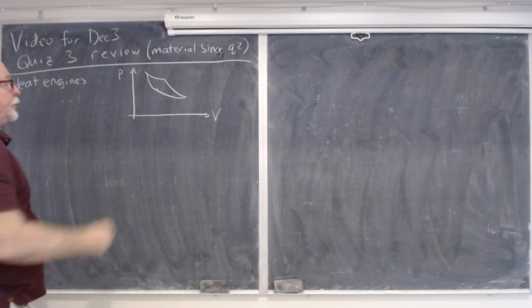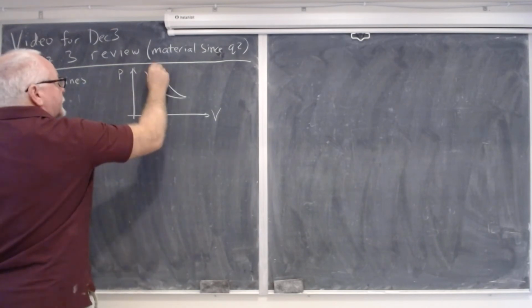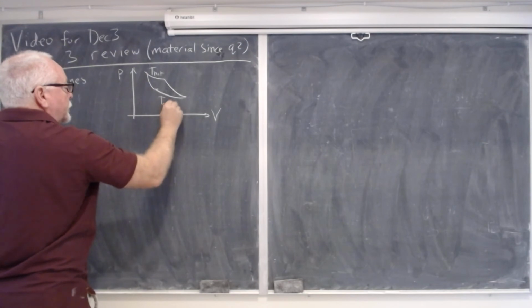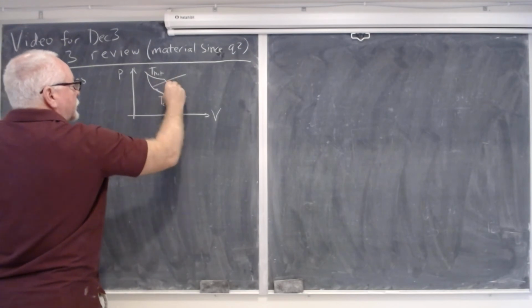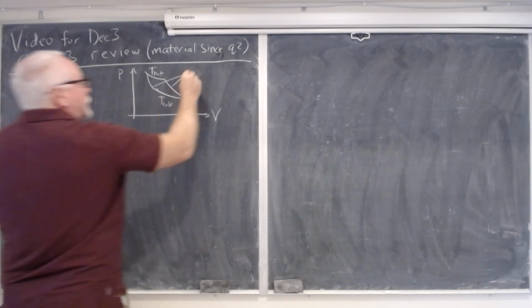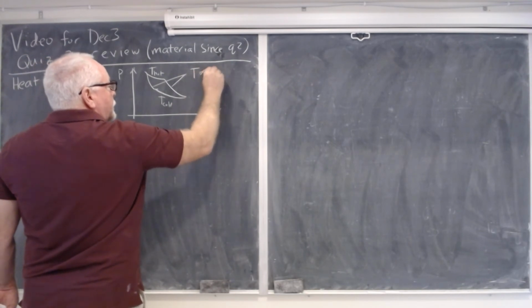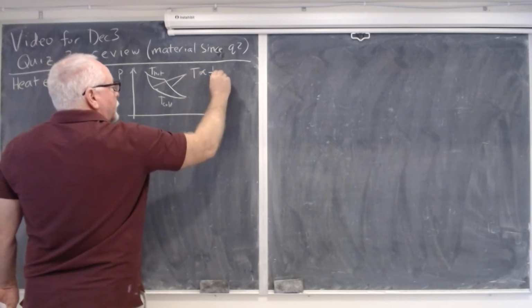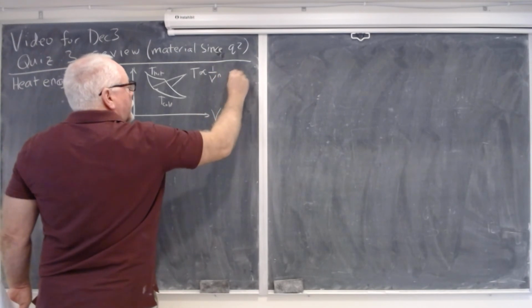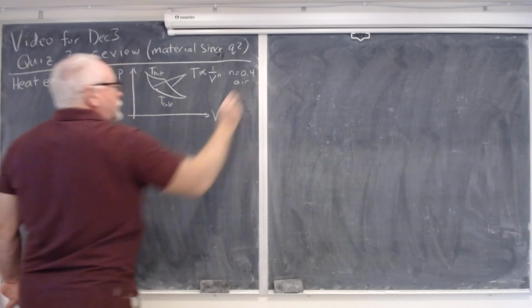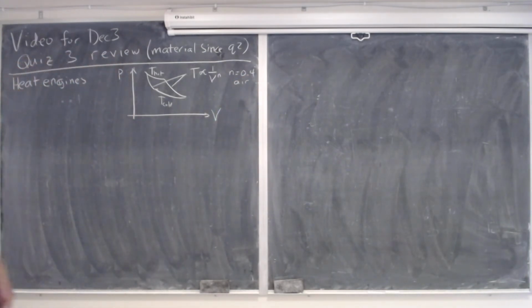And where this is T hot, this is T cold, and in these two parts, T is proportional to 1 over V to the N, where N equals 0.4 for air from thermodynamics.